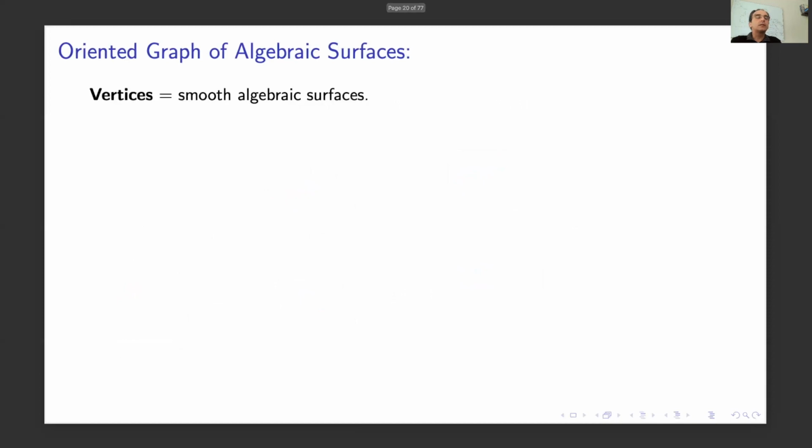Okay, so in order to explain this, and this is the way I like to see it, we study a graph associated to a surface. So in particular, an oriented graph. An oriented graph means a graph for which all the edges have a direction.